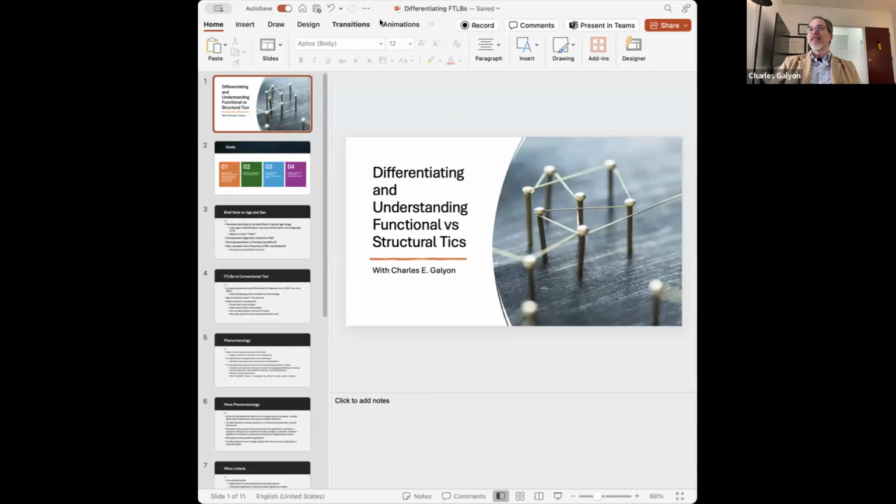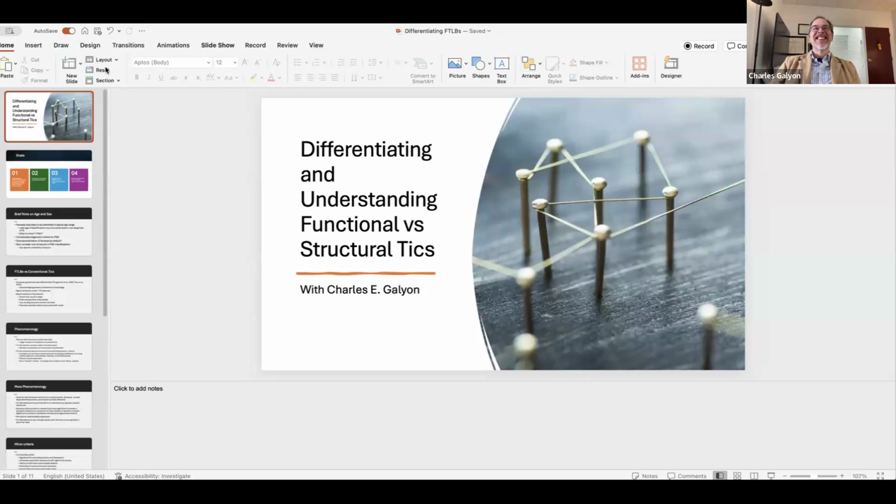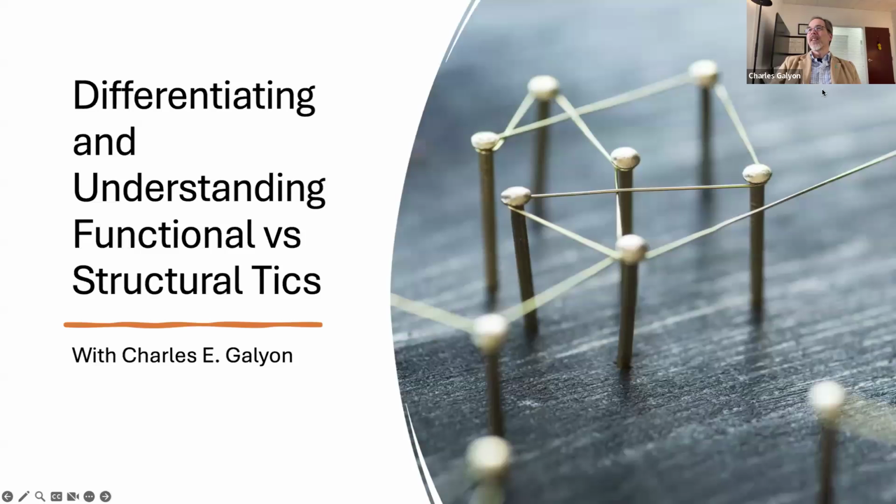Let's try it. Is it fighting me? I think it is. I'm going to go over here, play from start. And now if I do this, there, is that working? That's great. Okay. It doesn't show me my notes, but that's better than it was.